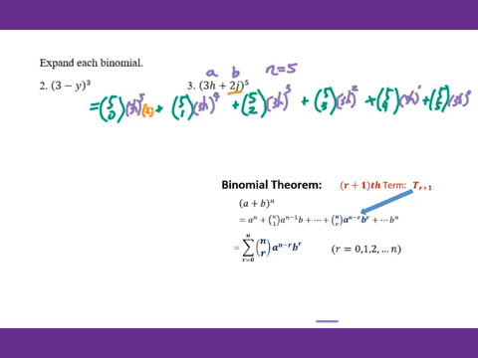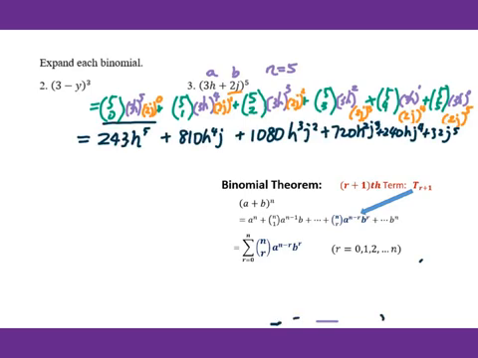We do (2g) to the 0 power, (2g) to the 1st power, (2g) squared, (2g) to the 3rd power, (2g) to the 4th power, and then (2g) to the 5th power. Then you work each term out. This will be your answer.